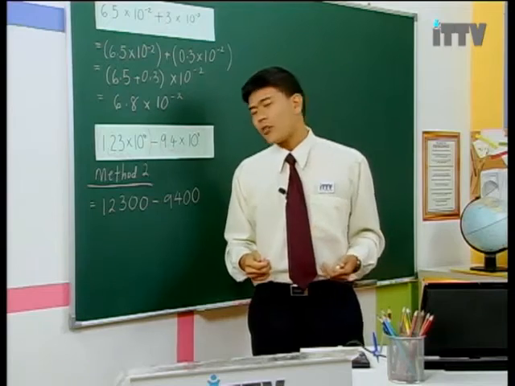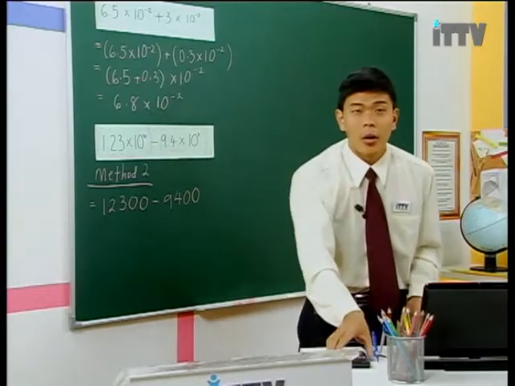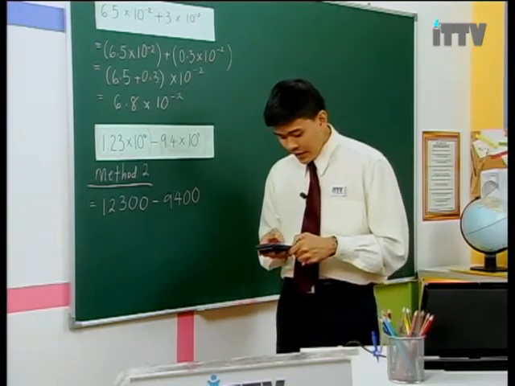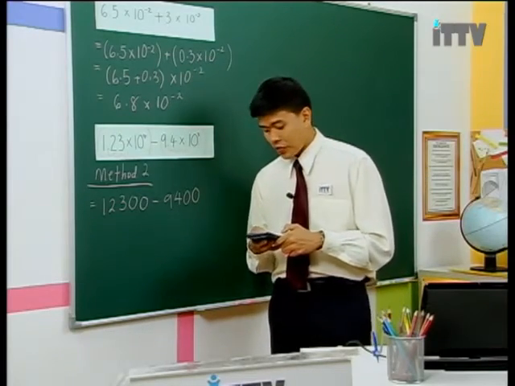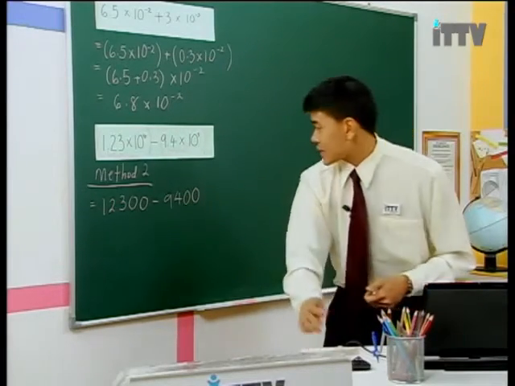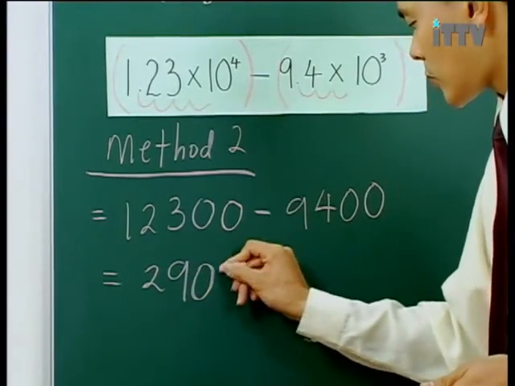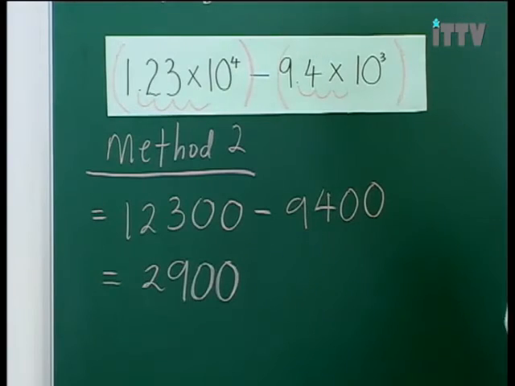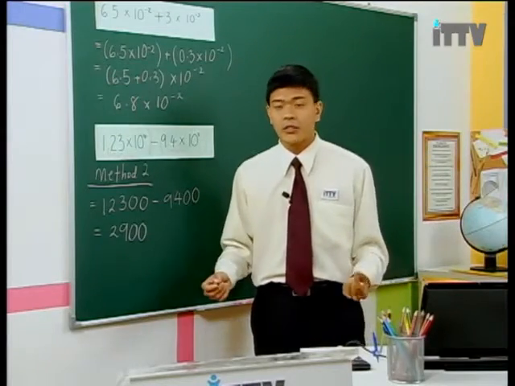Alright, once you have converted it back to its single numbers, it is easier to perform your operations. So using your calculator, what is the value of the subtraction of these numbers? You will get 2,900. Alright, now convert it back to its standard form.